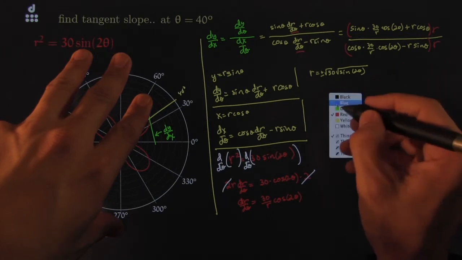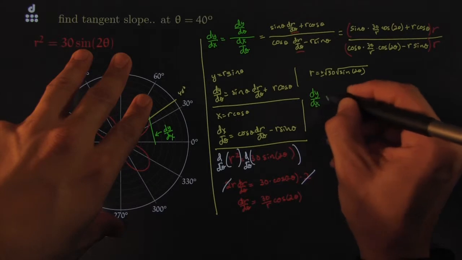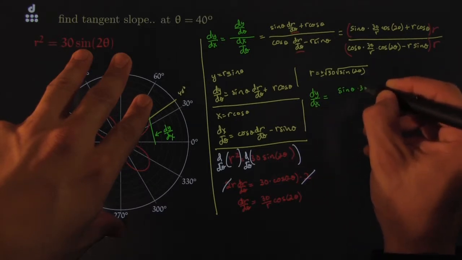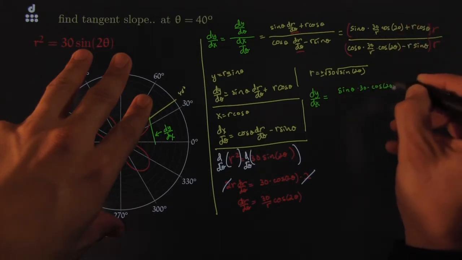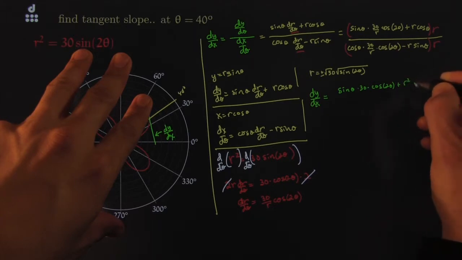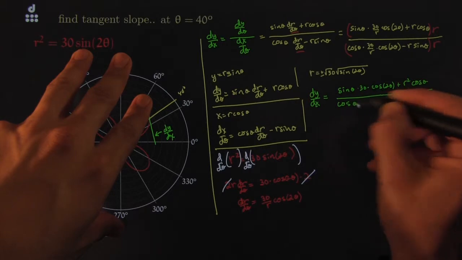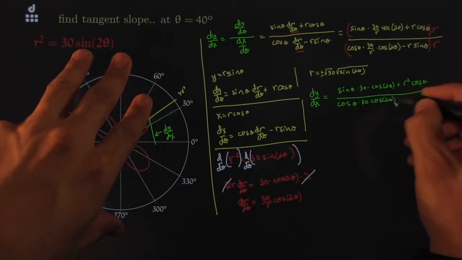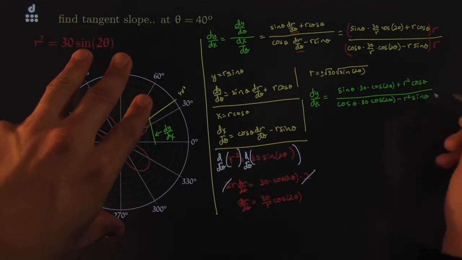That will get me to the following rewrite of my formula here for dy/dx. That would get me sine of theta times 30 cosine of 2 theta plus r squared times cosine theta, all over cosine theta times 30 cosine of 2 theta, no, it's not plus, it's minus again, minus r squared times sine theta.